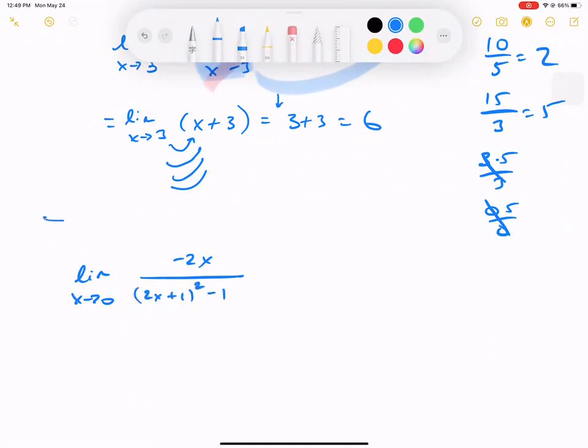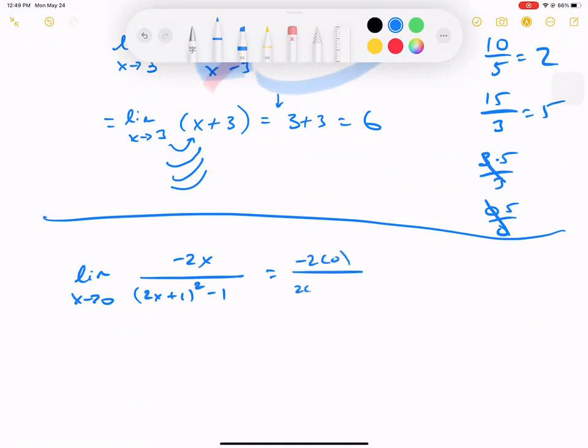Okay, so we're looking at a different type of problem where we will end up with 0 here. So if I plug in 0, this would be negative 2 times 0 over (2 times 0 plus 1) squared minus 1. This would be 0 on top over 1 squared minus 1, which is just going to be 0, right? So we end up with 0 over 0.